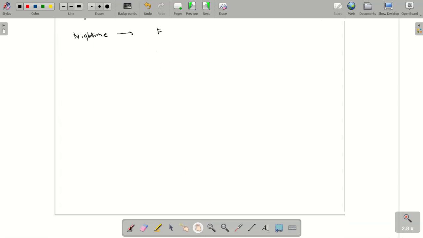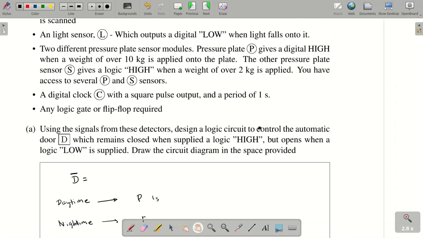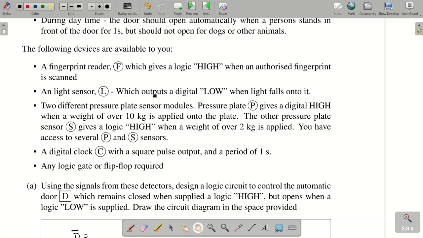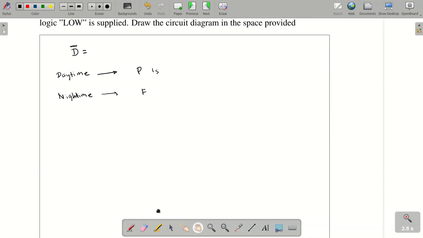Let's do it like this. First of all, how do you tell whether it's daytime or nighttime? We're also given this light sensor which outputs a low when light falls on it. So during nighttime, there's no light falling on it, and the light sensor L is going to be high.